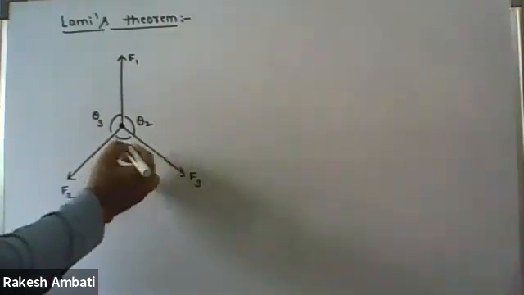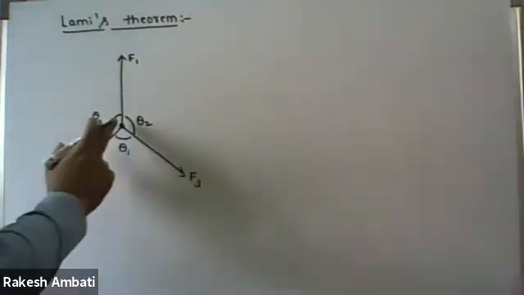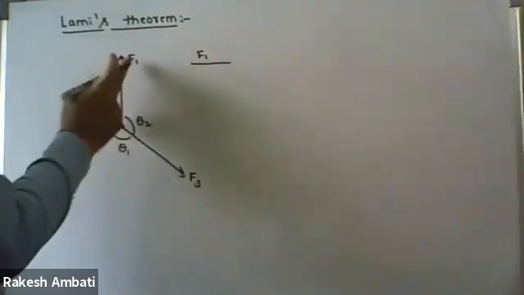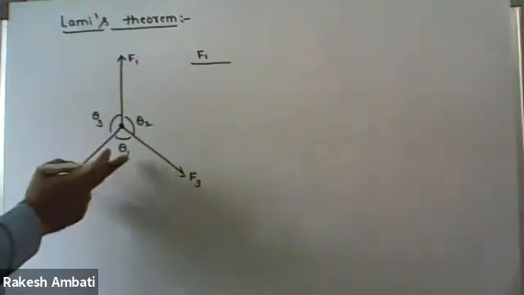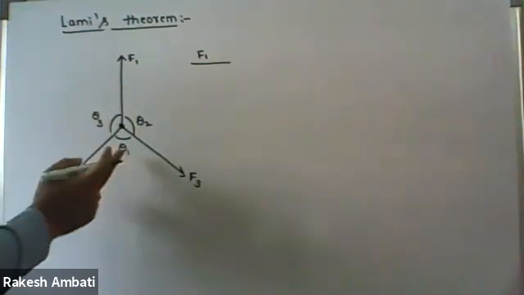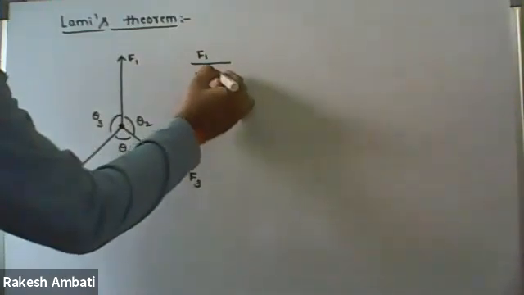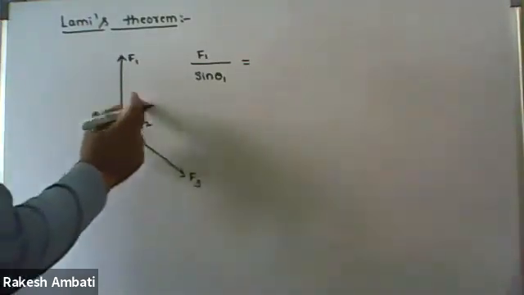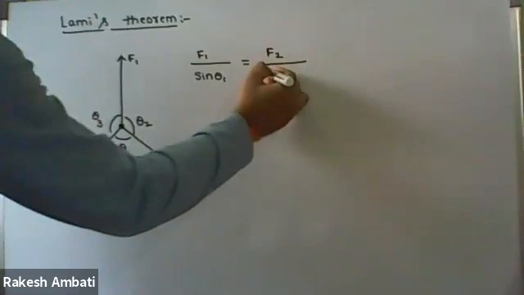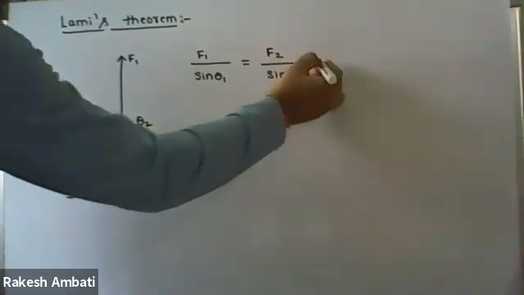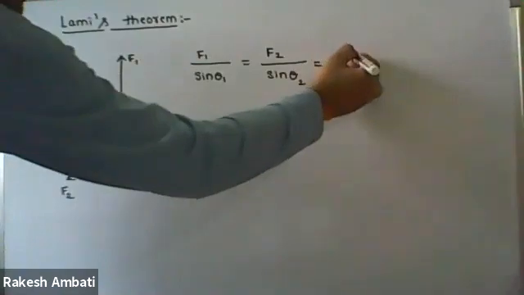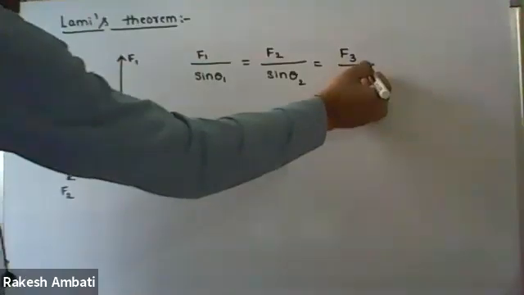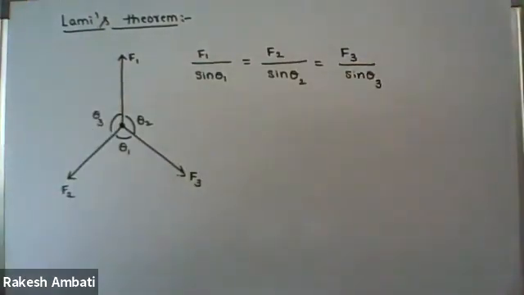The equation is: for force F1, the opposite angle is theta 1, so F1 upon sine theta 1 equals F2 upon sine theta 2, equals F3 upon sine theta 3. This is Lami's theorem.